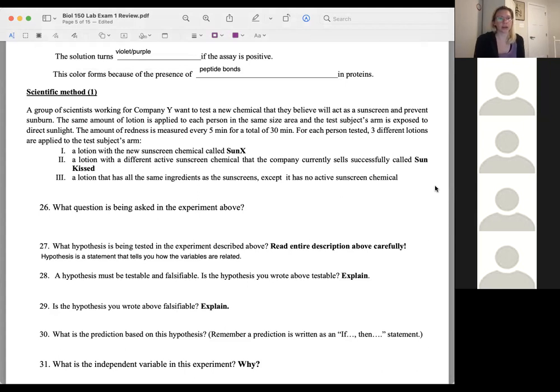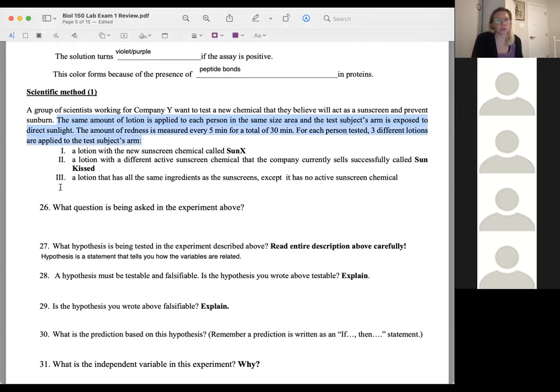All right, so we're looking at scientists that work for a company and they want to try out these different sun lotions, sunscreens. So here's the setup. They take the same amount of lotion and apply it to a person's arm and expose that arm to direct sunlight. The amount of redness on the skin is measured every 5 minutes for a total of 30 minutes.